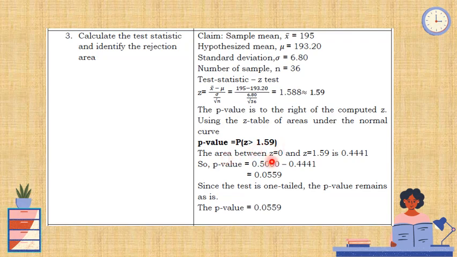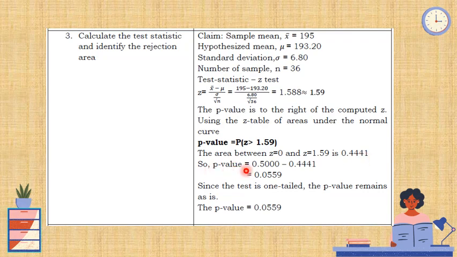So, the area between z equals 0, or the center of our normal curve, and z equals 1.59 is 0.441. If you look at the z-table, where does this 0.441 come from? It comes from the z-table. Locate 1.59 in the z-table under our alpha of 0.01, and you will see 0.441.